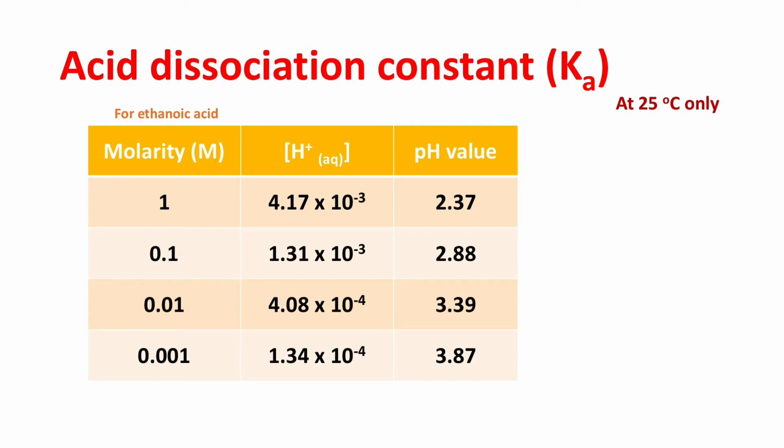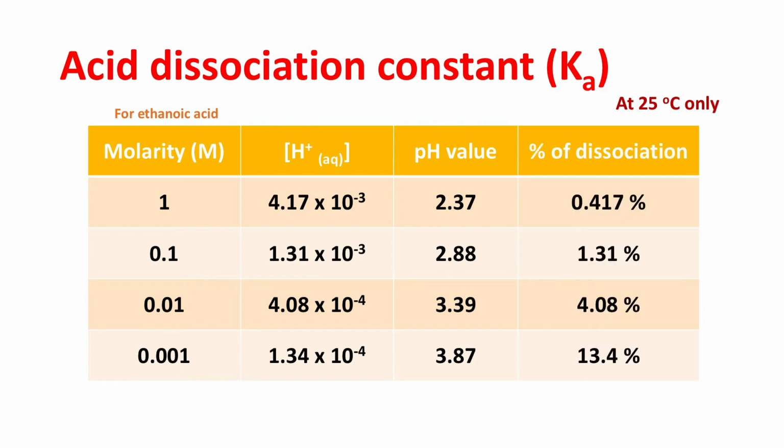But what we are concerned with more is the percentage of dissociation. For example, in 1M ethanoic acid, only 0.4% of the molecules undergo dissociation or ionization. With the concentration dropped to 0.001M, the percentage of dissociation increased to about 13%.